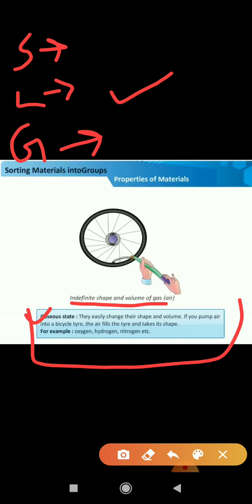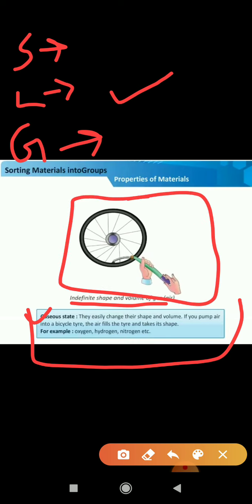If you pump air into a bicycle tire, the air fills the tire and takes its shape. So you can observe in this diagram, one person is pumping air into the bicycle tire. With the transfer of air, this tire will fill with air or gas.